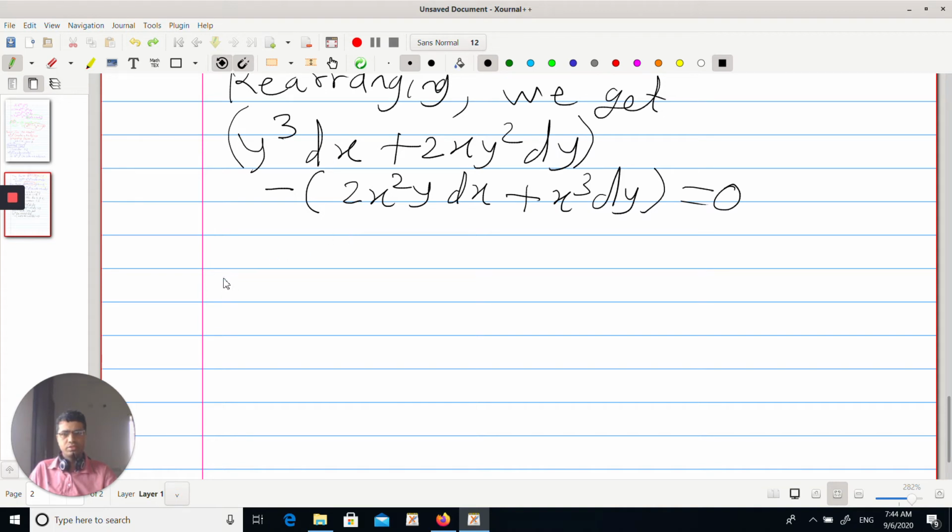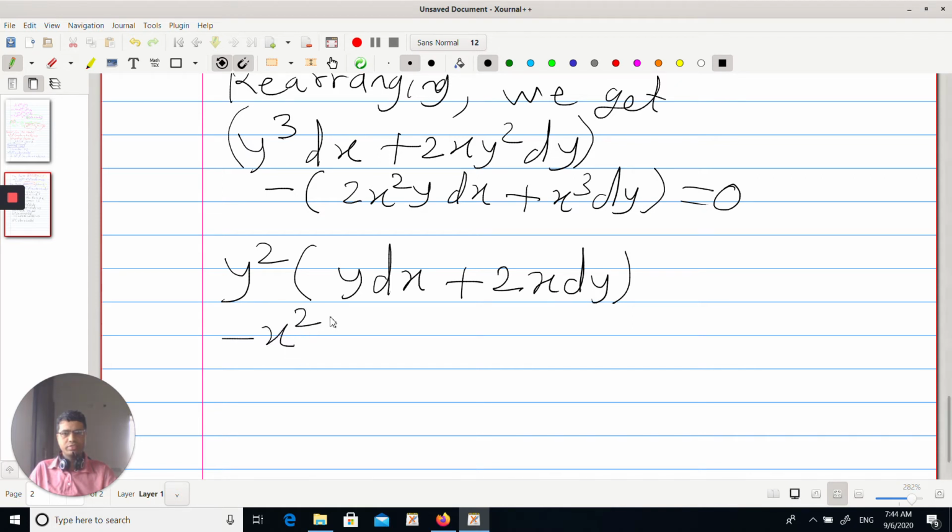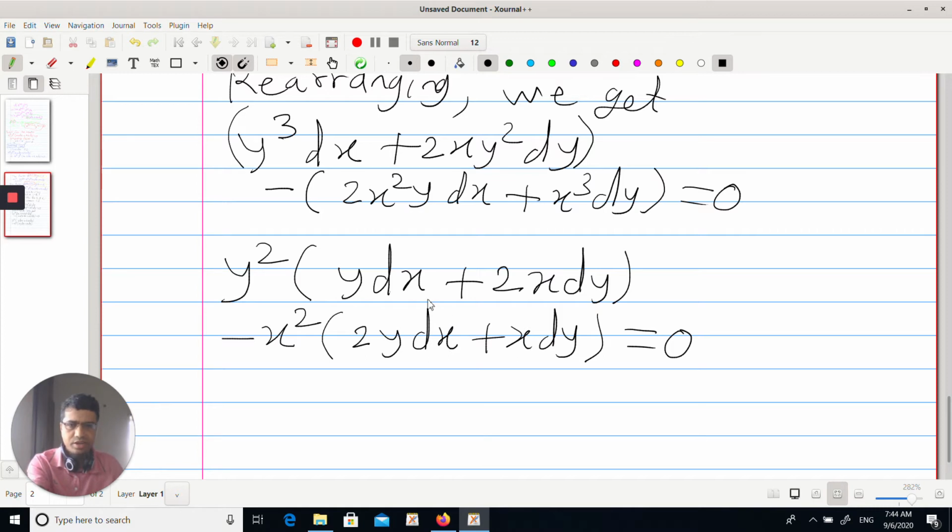So it is y square into (y dx plus 2 times x dy). From the second factor, we need some constant into y dx. So we take x square common, so that we get minus x square into (2y dx plus x dy) equal to 0. Now we compare with the standard form.